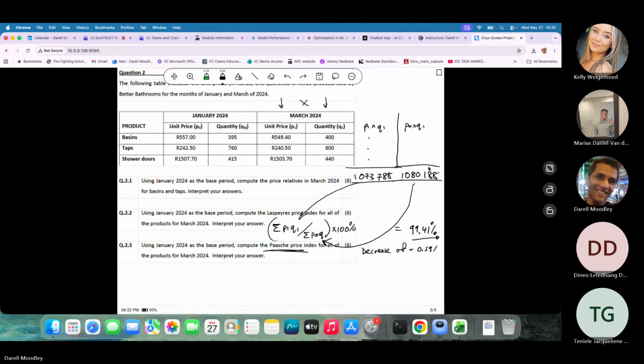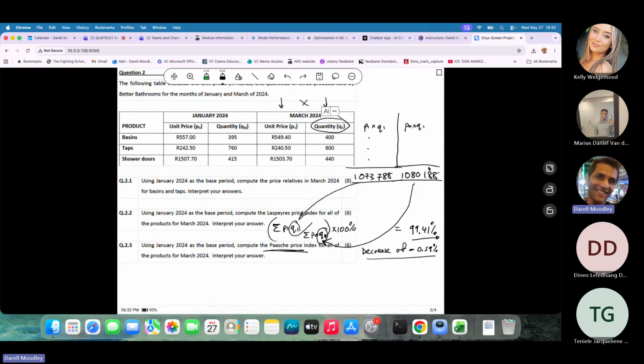minus 0.59%. Right, so when you're interpreting, I just made a note of this here, but I'm not done with my interpretation. So here, what are you keeping constant? If you look at your formula, the value that's constant in both is Q1. So that means you're keeping Q1 constant, which is your quantity in March.